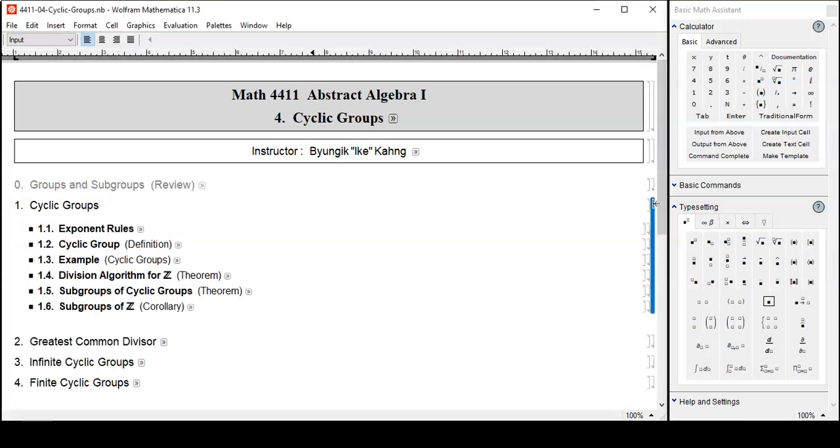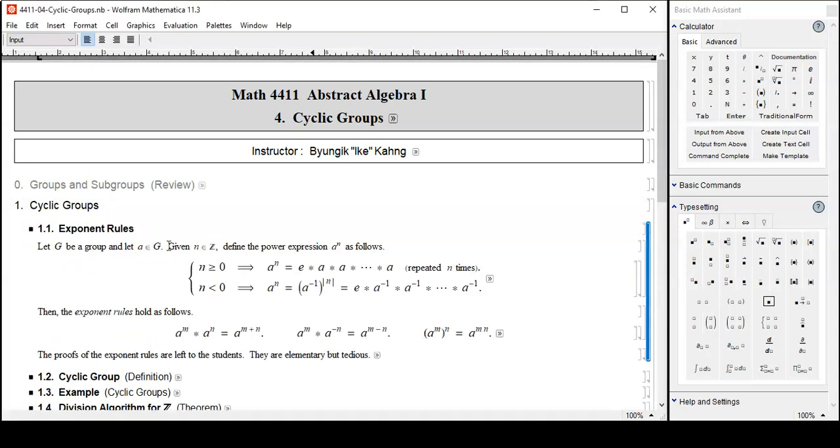Let's begin with a review. First, the exponent rules. Let's begin with a group G, an element a, and an integer n. We define the power expression a to the nth power like this: a repeated application of the group operation, repeated n times, starting from e. So when n is 0, that means no a is applied here, so we stay at e.